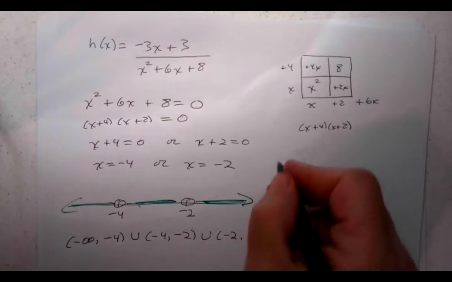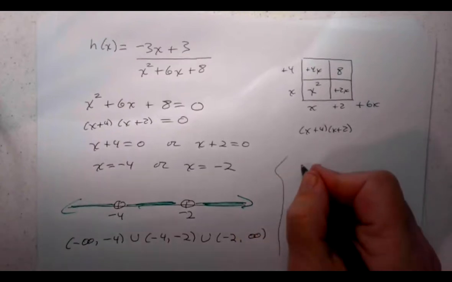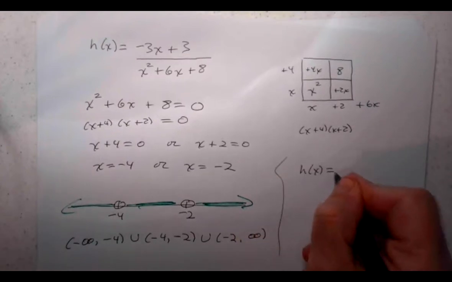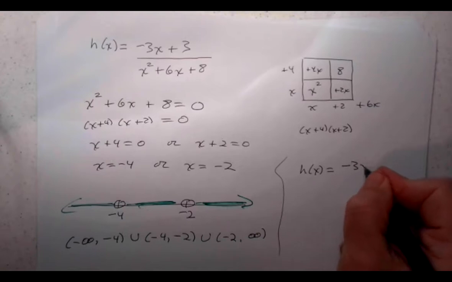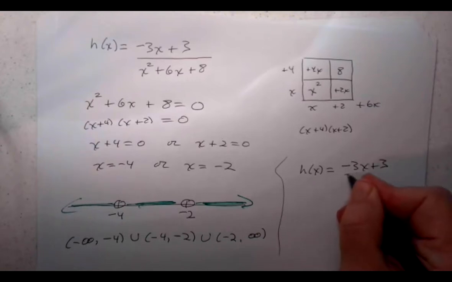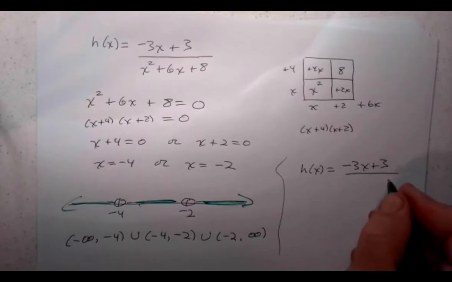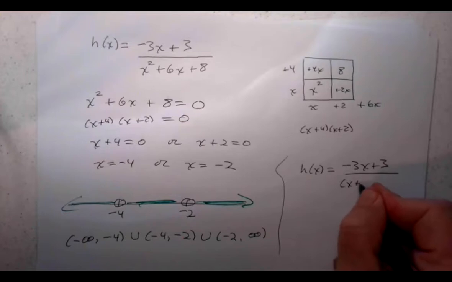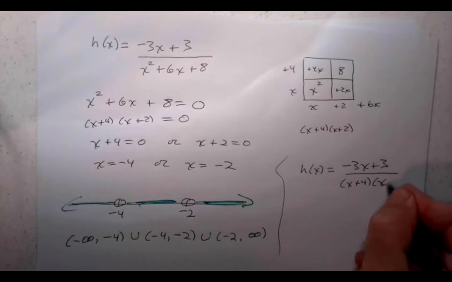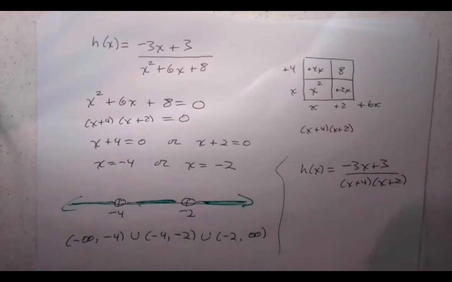So what have we done? We've factored the bottom. So currently I have h of x is negative 3x plus 3 over x plus 4 times x plus 2. So we're going to use that to determine the vertical asymptotes next.